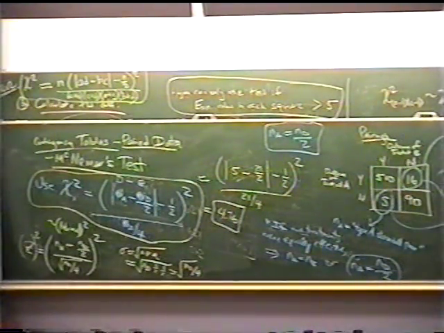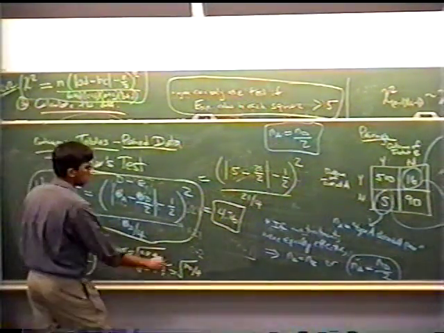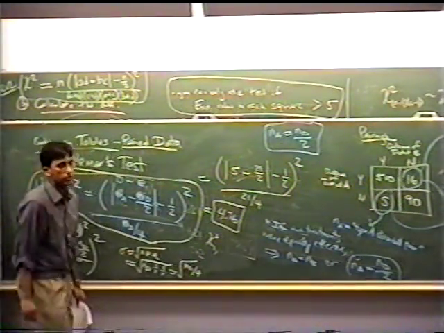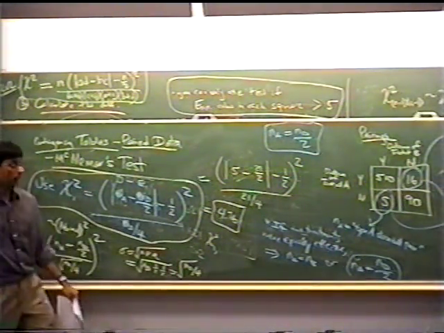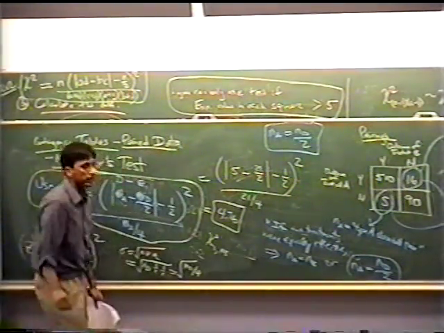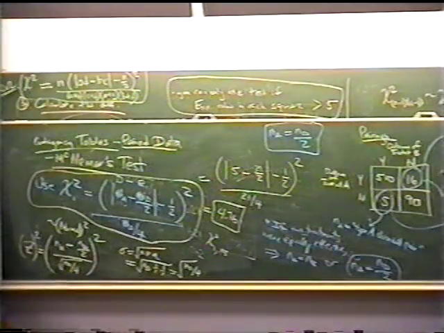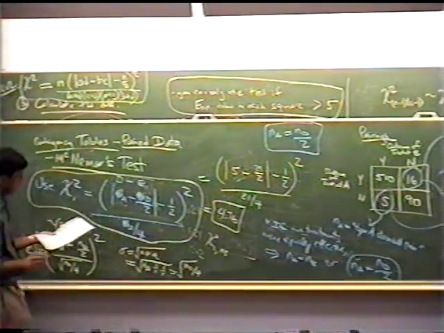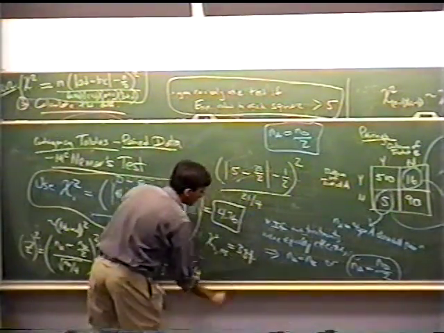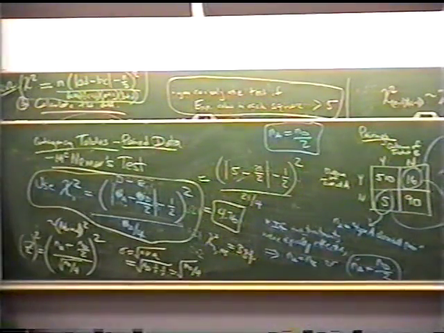What do you compare it to if we are at the 5% significance level? 0.95. This is a two-sided test, but remember we're dealing with chi-squared, so it's 0.95, not 0.975. And that's equal to 3.84. Okay?